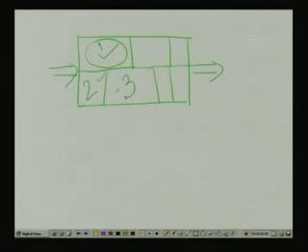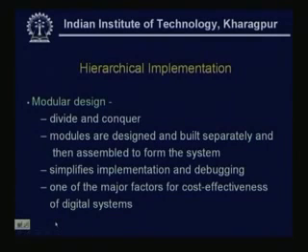Instead of testing or debugging the whole system, debugging the smaller modules is always much better, it is advantageous. Now, one of the major factors for the cost effectiveness of digital systems comes from this modular design.